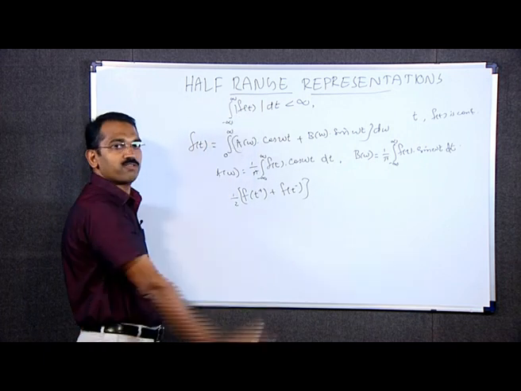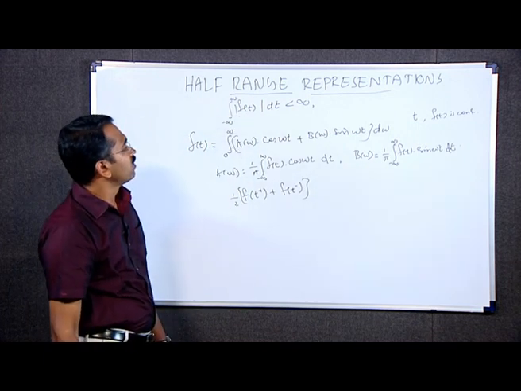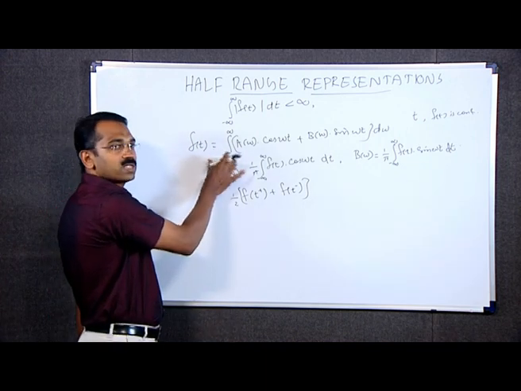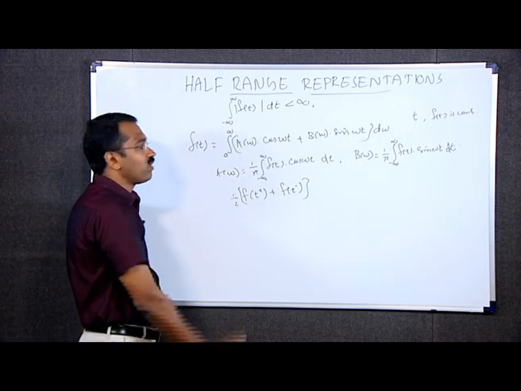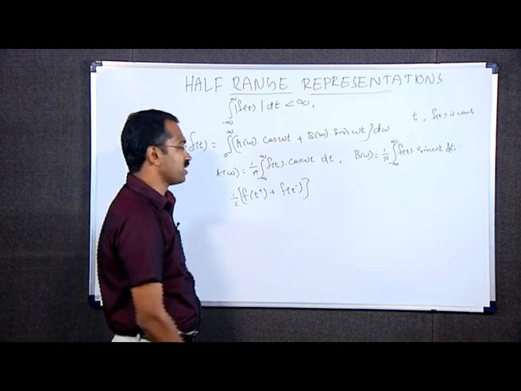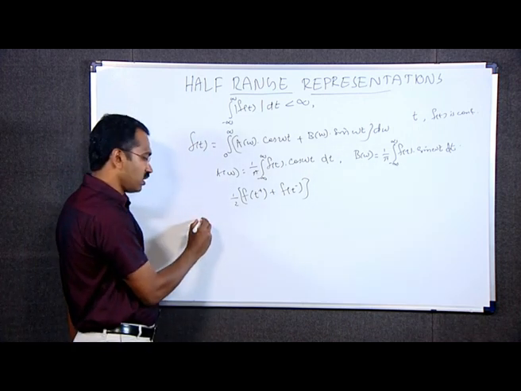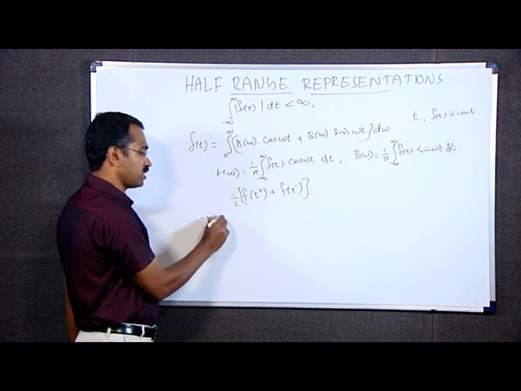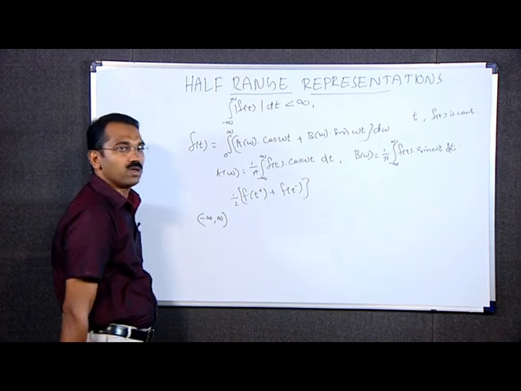specified for the Fourier integral theorem, this integral representation exists only when the function is defined for all values of t, that is, the function is defined in the interval minus infinity and infinity.